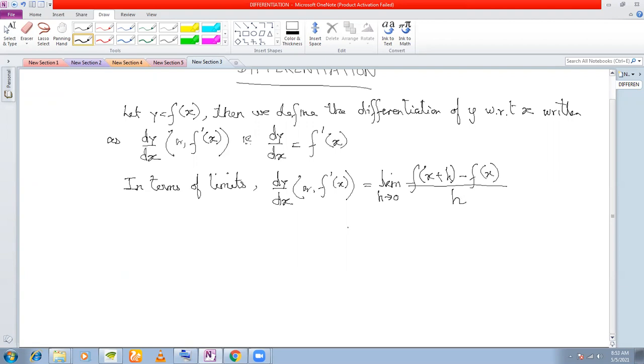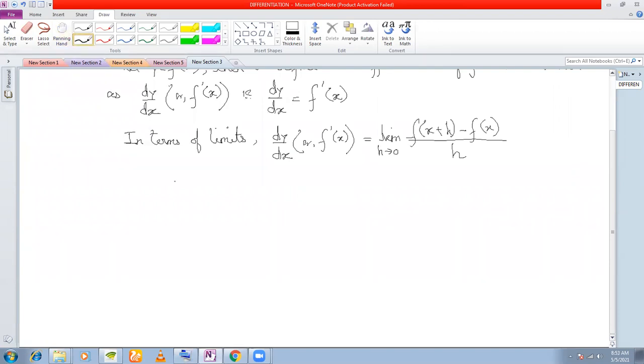Remember all this we had discussed? Yes, you remember all this we had discussed in class 11, the limit part.